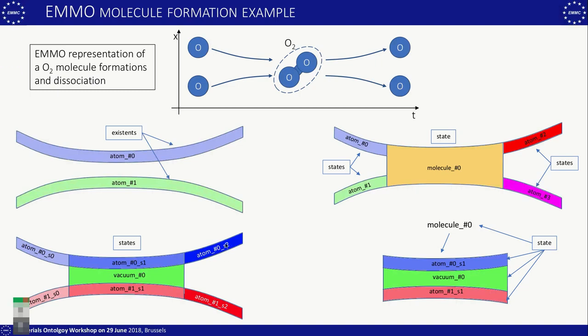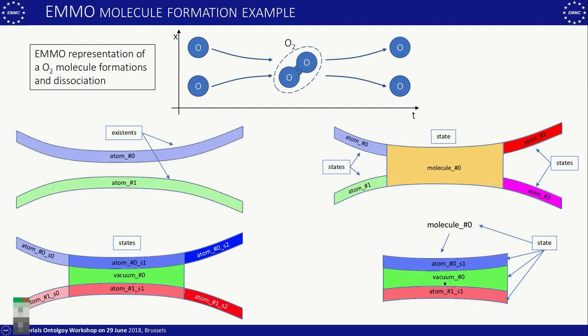And then, as soon as they dissociate, you can define two separate states for atom 0 and atom 1. Or you can decide to represent this process using states: atom 0, atom 1, the state molecule, and the states atom 2 and atom 3.